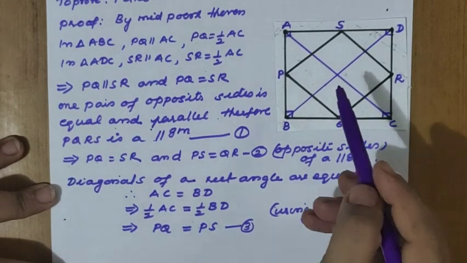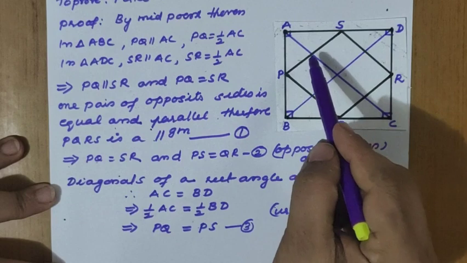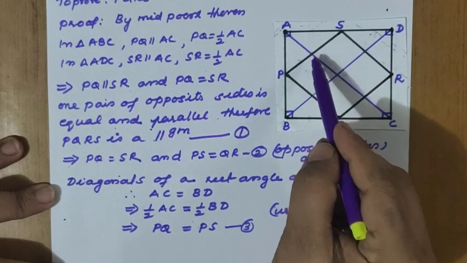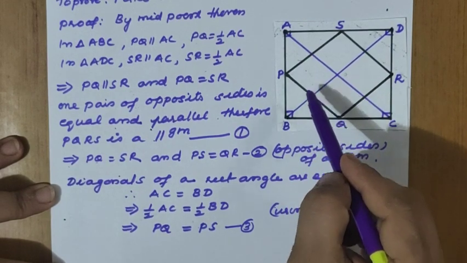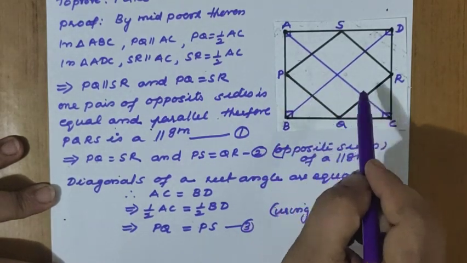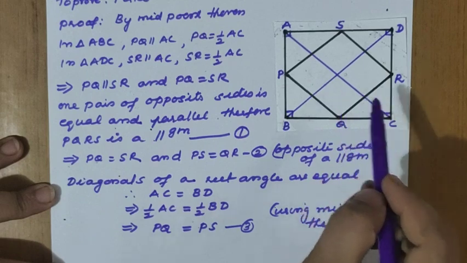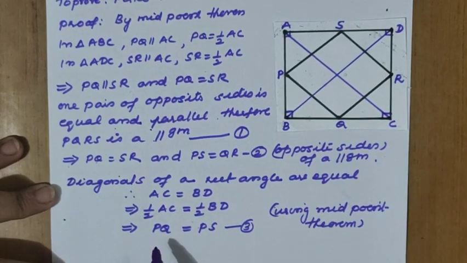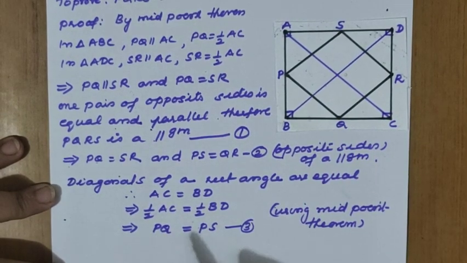So see here in triangle ABD, PS parallel to BD, PS equal to half of BD. Now triangle ABC, we already explained that one. In ABC, PQ parallel to AC, PQ equal to half of AC by midpoint theorem. So we got here adjacent sides are equal.